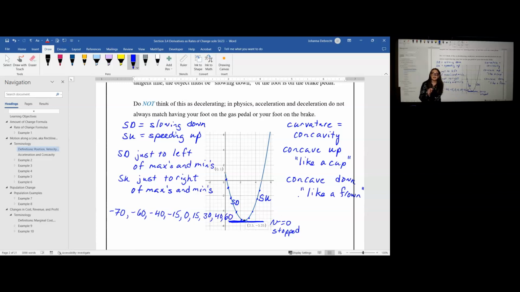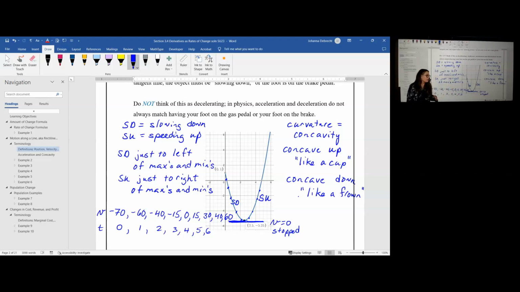If I want to find the rate of change, notice that this is in terms of increasing time. This is going to be my velocity, and my time is maybe 0, 1, 2, 3, 4, 5, etc. That's not actually what the times are because we know it's stopped at 2.5.